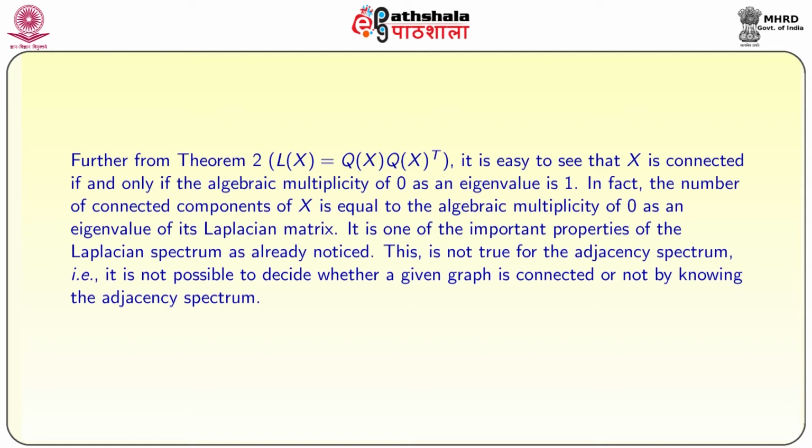That is, with the adjacency matrix, it is not possible to decide whether a given graph is connected or not. We already saw in an earlier example that C4 union K1 and K1,4 have the same adjacency spectrum, but one is connected, the other is not connected. So, we can learn many things from the Laplacian spectrum than the adjacency spectrum.